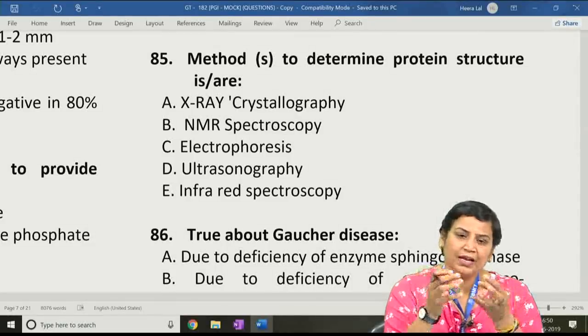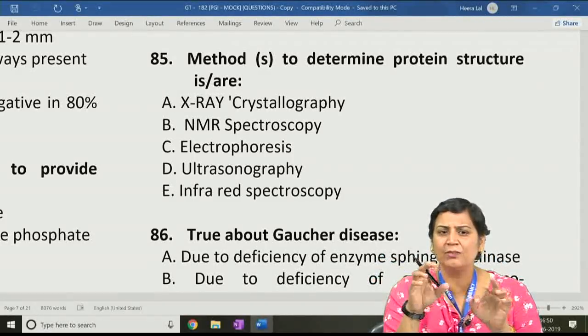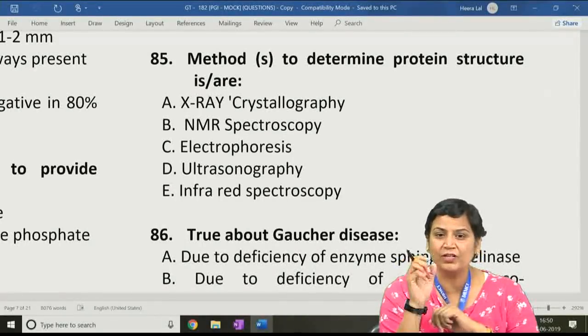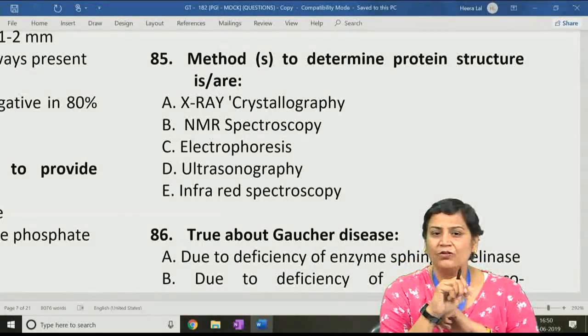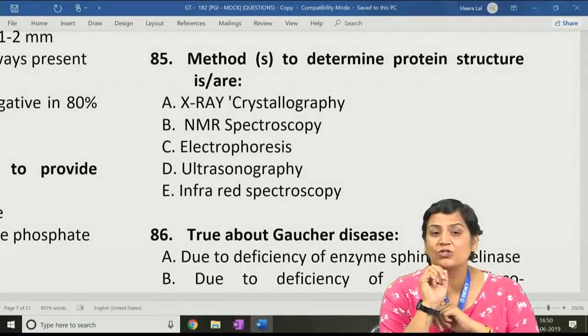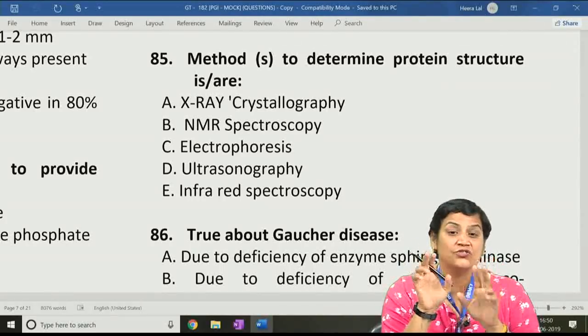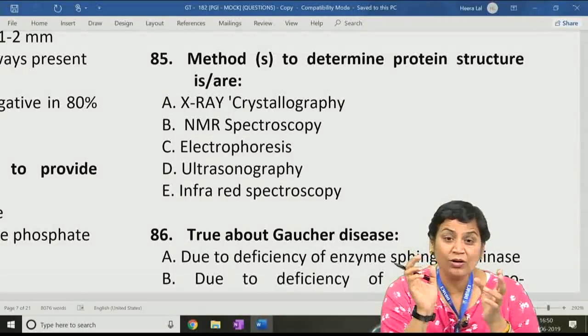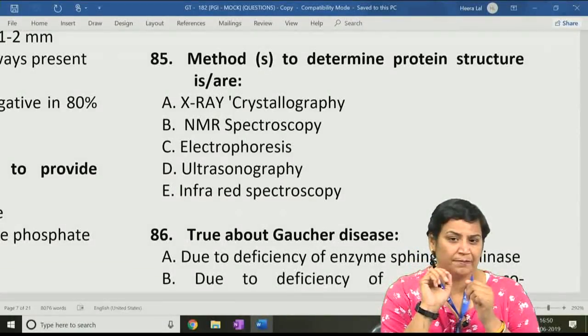NMR spectroscopy, nuclear magnetic resonance, due to zwitterion structure of this. So this is again one of the very important methods. Electrophoresis and ultrasonography, these two are the techniques which cannot determine protein structure. Electrophoresis can quantify it, but it cannot determine the structure of a protein.